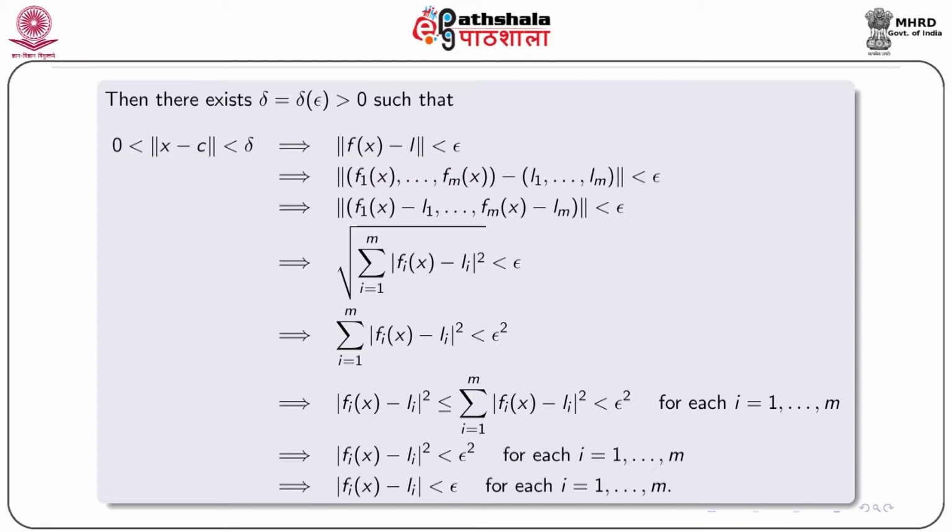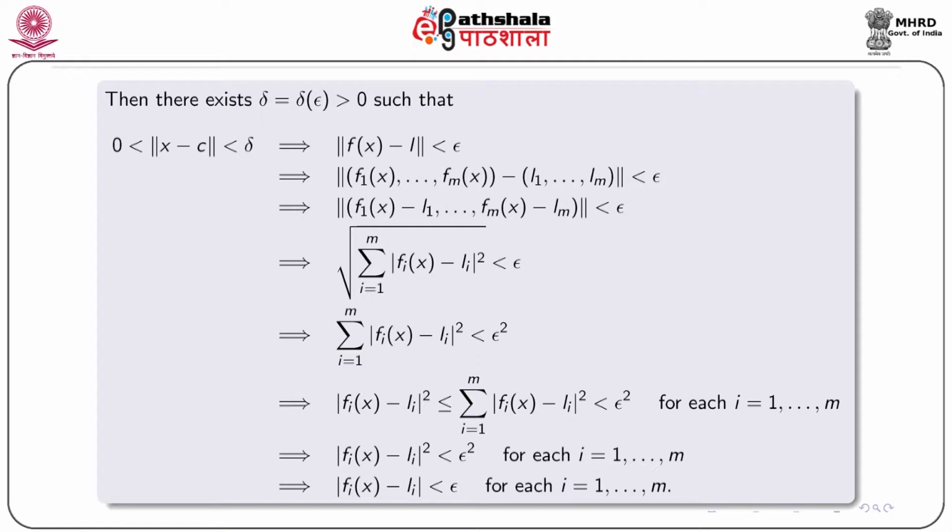In the next line, we write the components of f as well as L, that is, we have norm of the vector (f1(x) minus L1, up to fm(x) minus Lm) less than epsilon. We write down the value of the norm, that is, the non-negative square root of the summation i from 1 to m of mod fi(x) minus Li squared, less than epsilon.